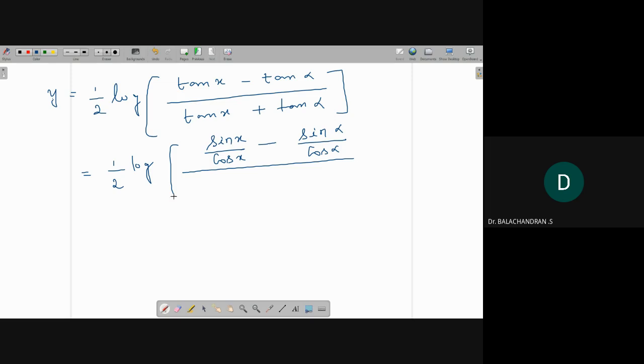Similarly, in the denominator, you can write tan x as sine by cos plus sin alpha divided by cos alpha. And then half log.